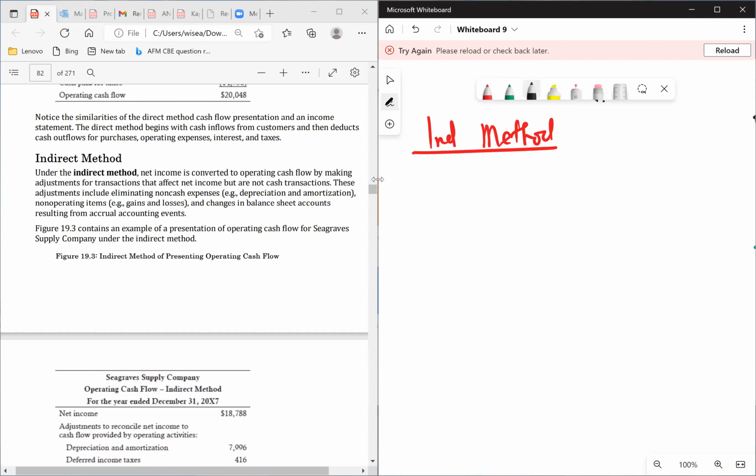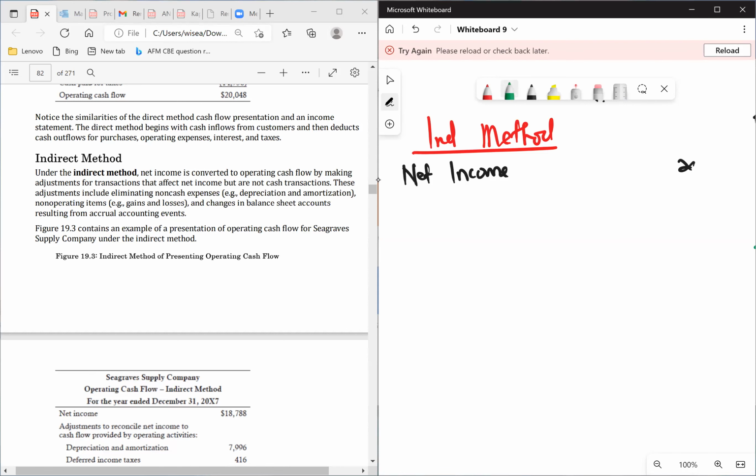The income statement, so net income. Then you make adjustments based on what? Changes on the balance sheet, and then some elements of the P&L will be adjusted for. So let's look at the typical example.